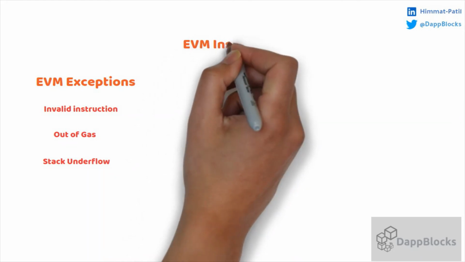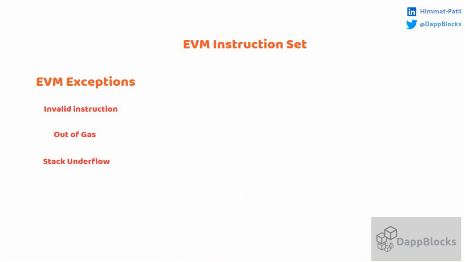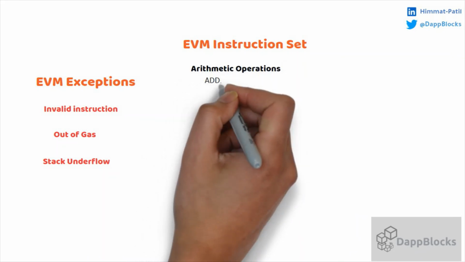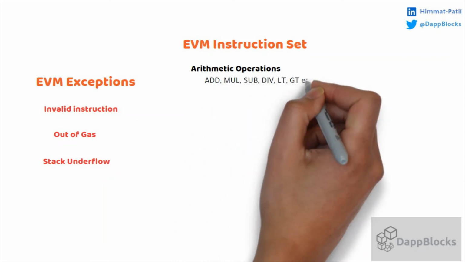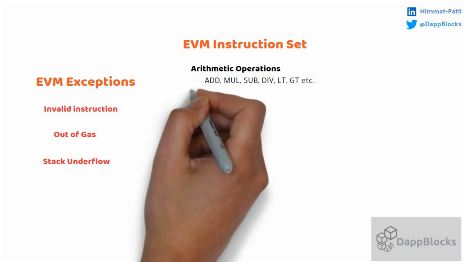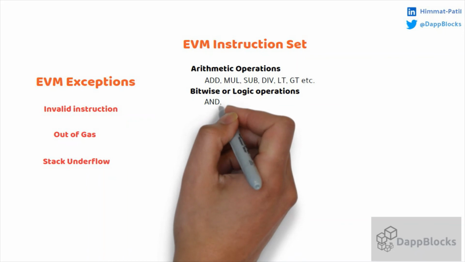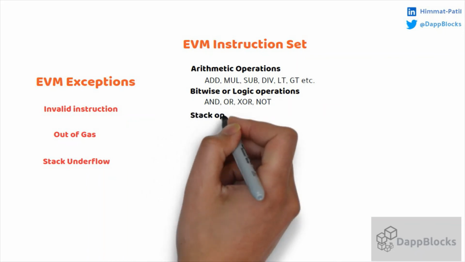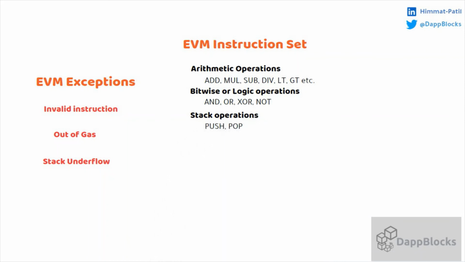EVM instruction sets. Instruction set is a 256-bit operation. Instruction set contains first arithmetic operations. For example, add, multiply, subtract, divide, less than, greater than, etc. Second, bitwise operations or logic operations. For example, AND, OR, XOR, NOT. Third, stack operations. For example, push, pop.